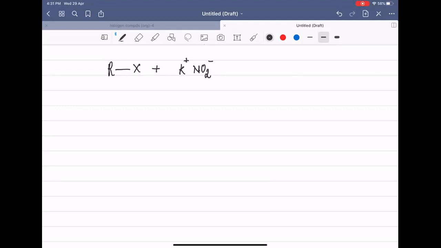Now, this is again an ionic compound, and here you find that this is negative, this is positive. Let us understand what NO2 minus looks like.